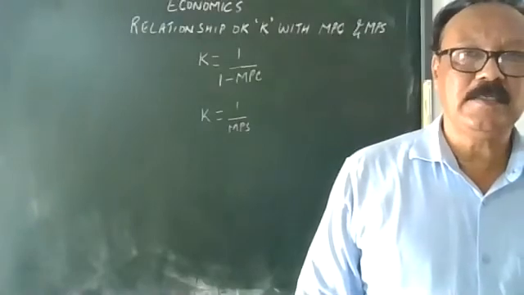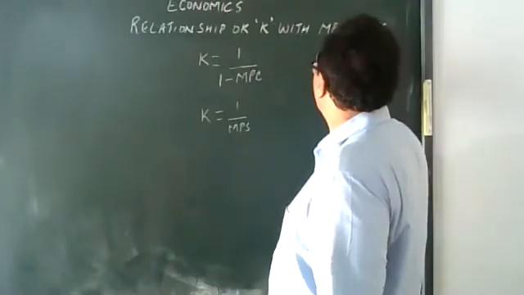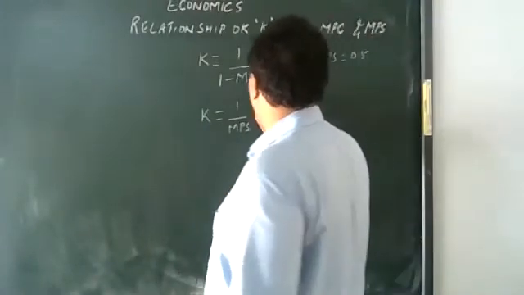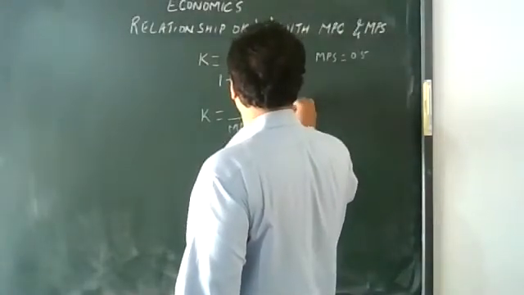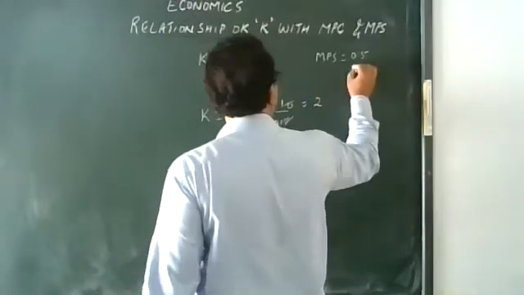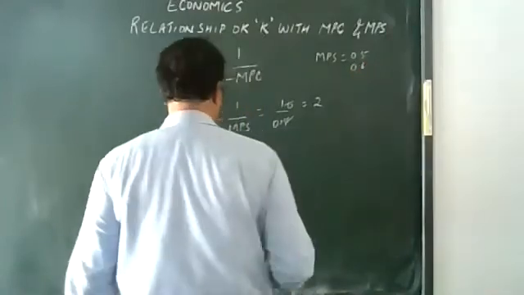Higher the MPS. Let us take MPS as 0.5. Here in this case it will be 1 upon 0.5, which is 2. Suppose MPS becomes 0.6.